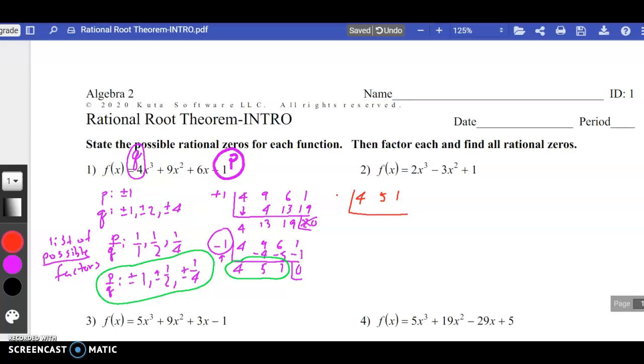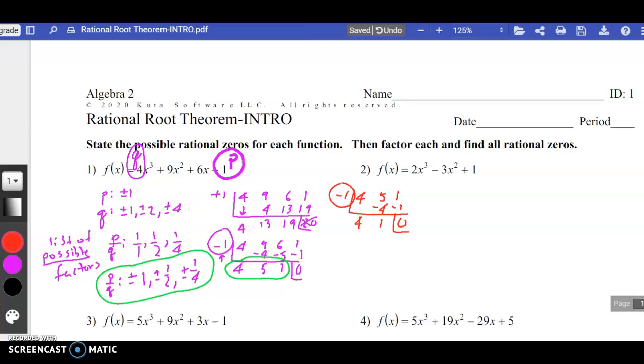I'm going to try -1 again to see if it might be a double root. Bring down the 4. -1 times 4 is -4. 5 minus 4 is 1. -1 times 1 is -1. 1 minus 1 is 0. It is indeed a double root. That is my second root.